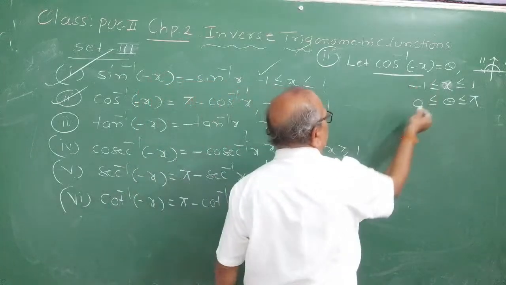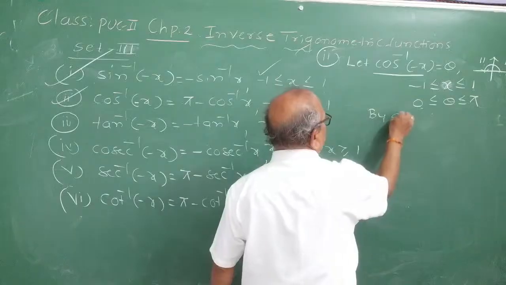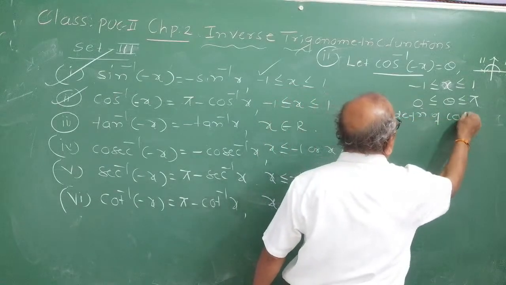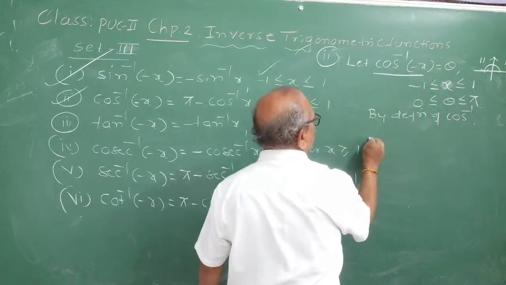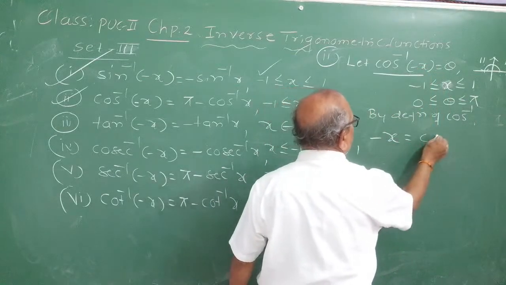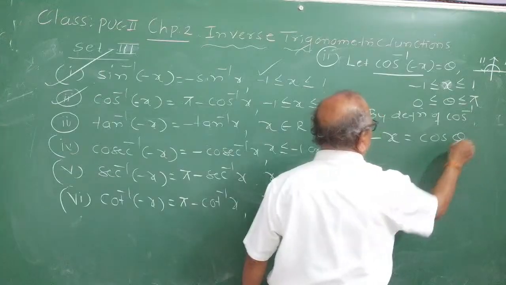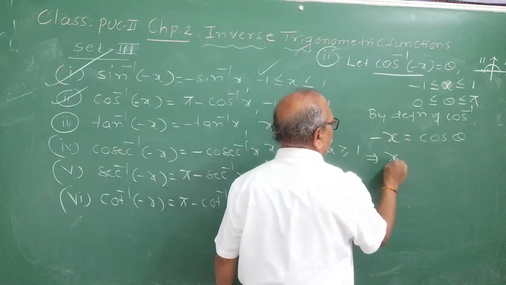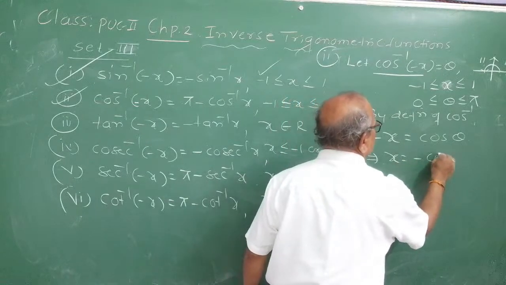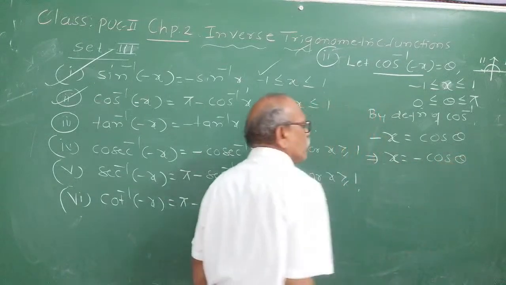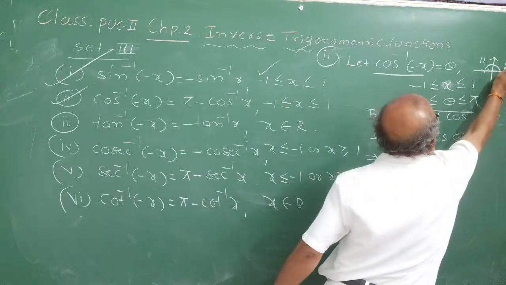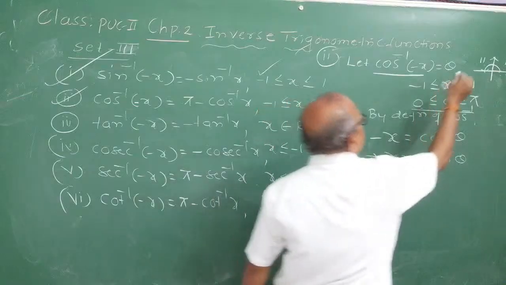Now, as conditions are satisfied, by definition of cos inverse, you can write it as minus x is equal to what? Cos theta. Interesting. That implies you can multiply by minus 1 and you will get x is equal to minus cos theta. Now you have to take cos theta in the second quadrant.